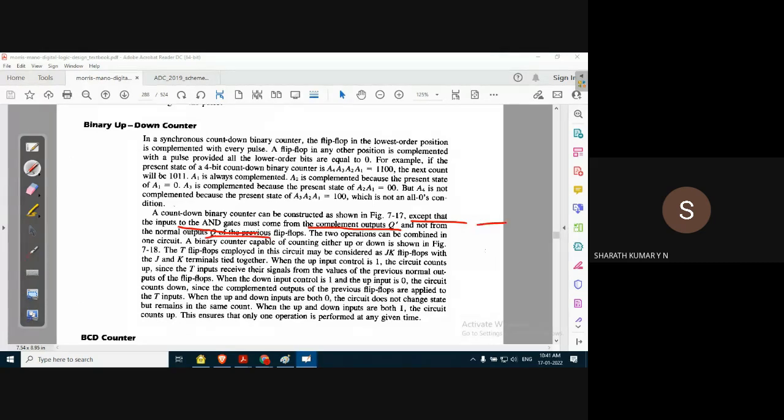So AND gate input should be from the complement output, Q dash. Yeah, that's all the difference for what is known as a binary down counter.